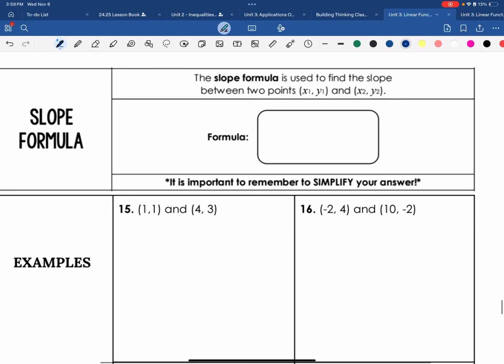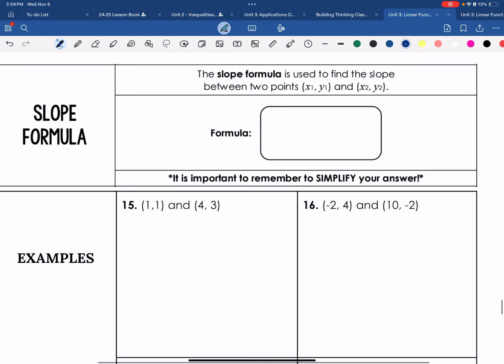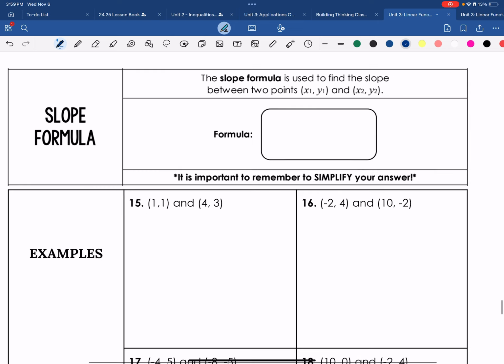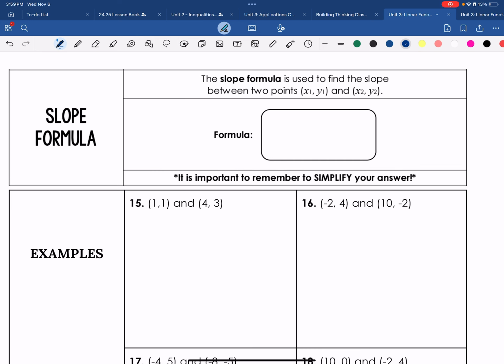Perfect. Sorry about that. So graphically, we've taken a look. We've looked at it in a tabular way. The last way to look at our slope is to look at it with a formula. So our formula for slope, and this should look pretty familiar from last year, is m equals y sub 2 minus y sub 1 all over x sub 2 minus x sub 1.